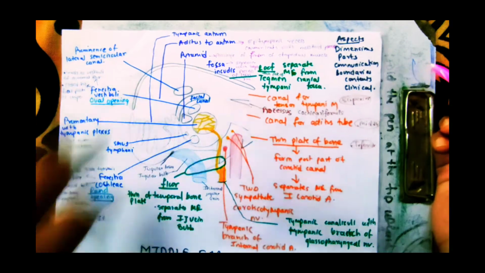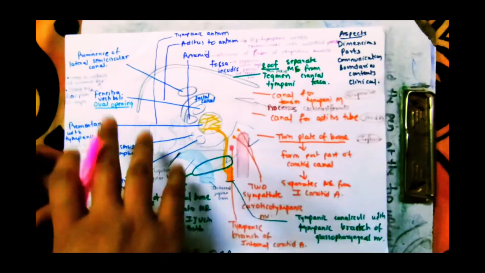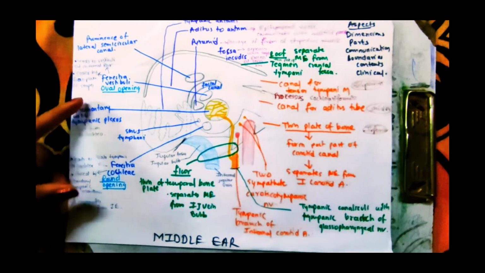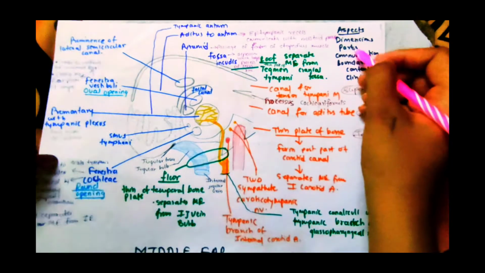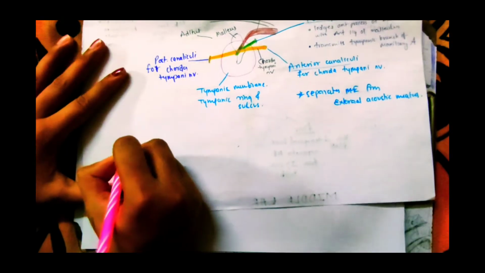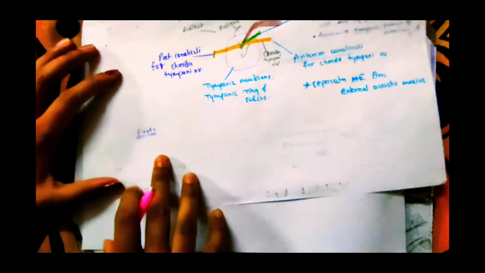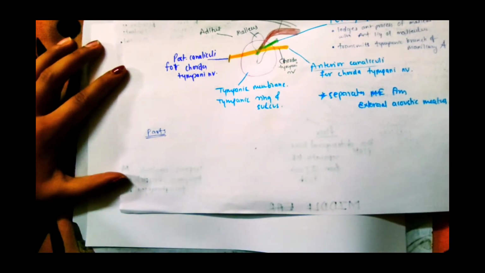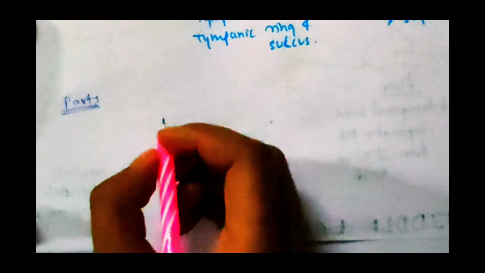Let's start it. So this is middle ear. Let's start with parts. It consists of two parts.